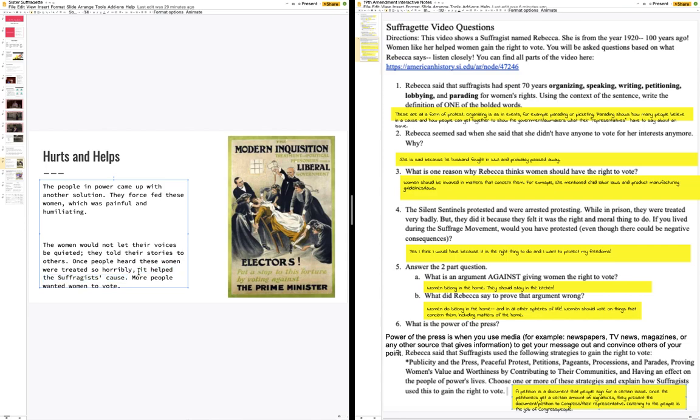So they saw that people in power were force-feeding them, and that made the people that they represent very upset. So really, it ended up helping the suffragettes' cause and not the congressmen who are against the 19th Amendment. More people wanted women to get the right to vote.